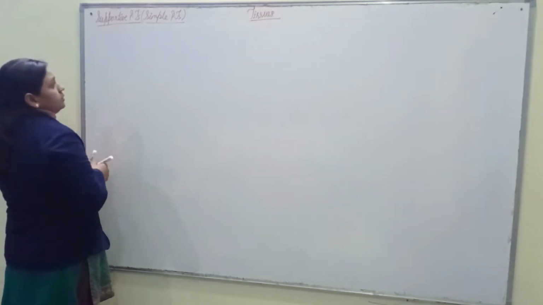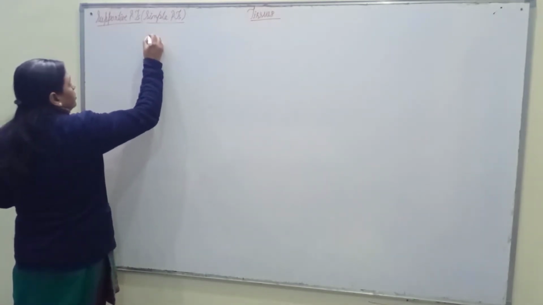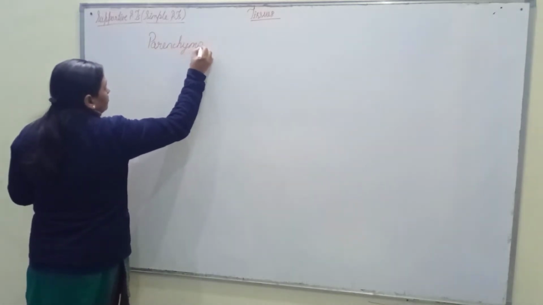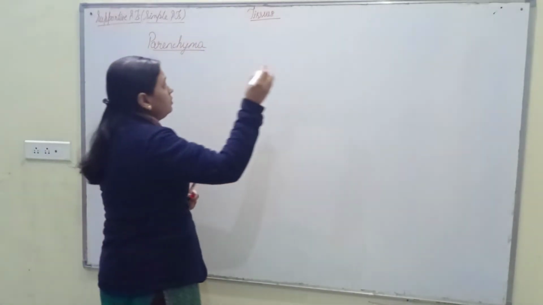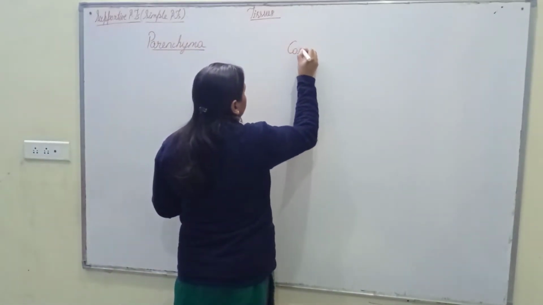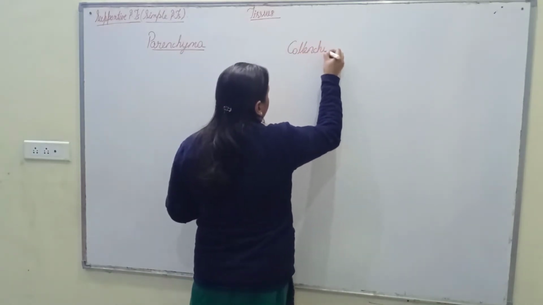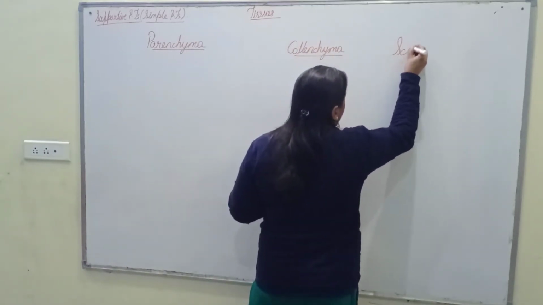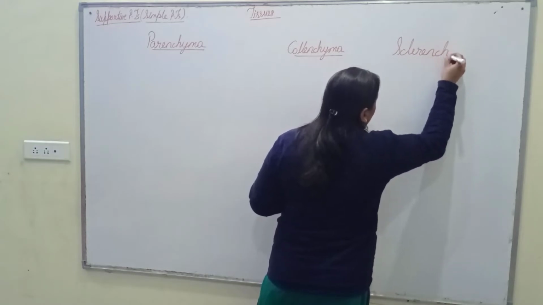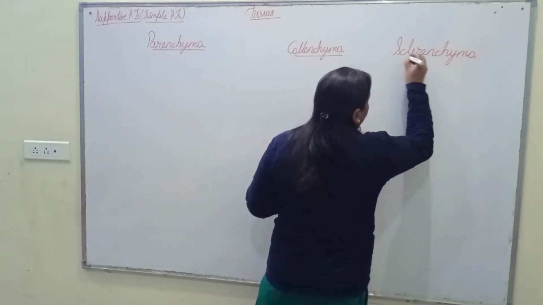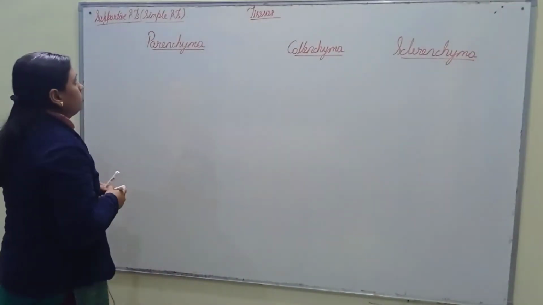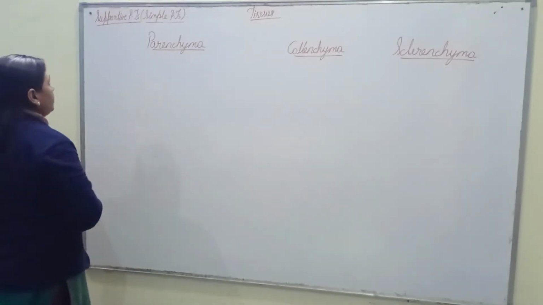Now this supportive permanent tissue is of three types: parenchyma, collenchyma and sclerenchyma. So all these three are supportive tissues and provide support to the plants. So let's get started. Parenchyma.